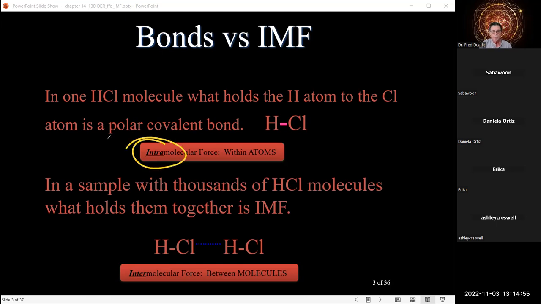Now, with respect to interactions with other molecules of HCl, we have the intermolecular force, and it has a specific name. In fact, there's only 4 types of forces that we're going to utilize to describe the type of force that's involved.